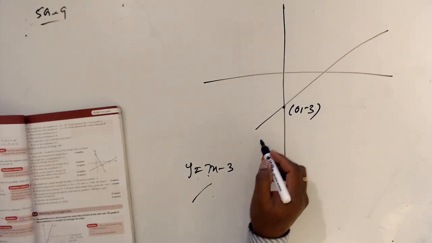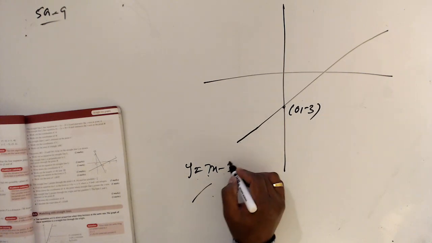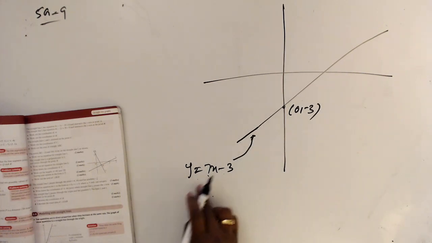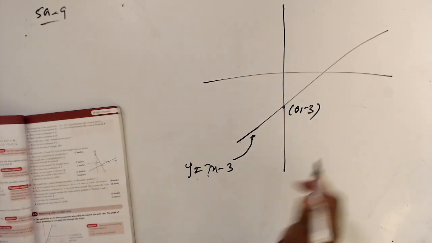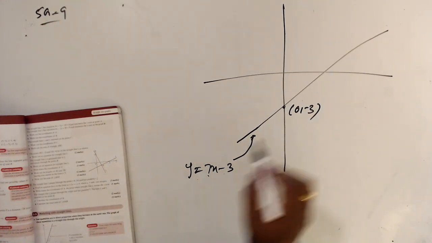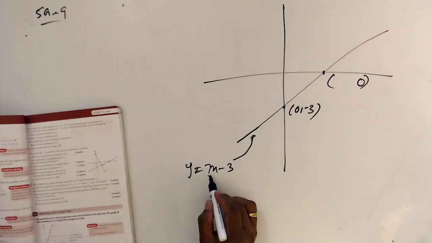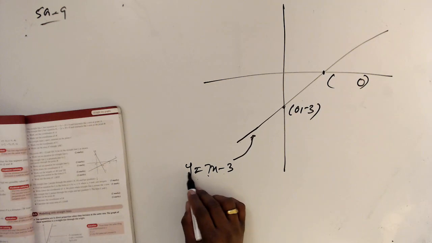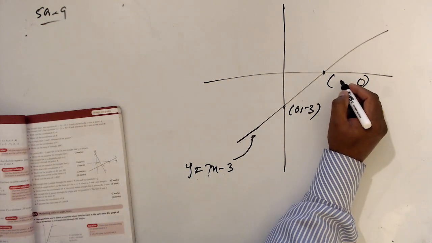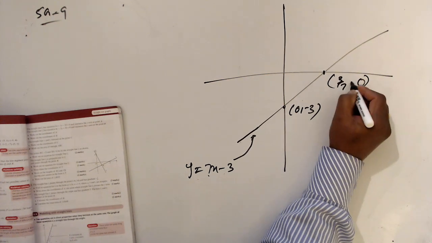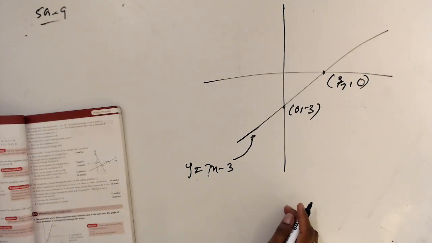So this is the equation. And when y equals 0, at this point the y value is 0, x is going to be 3 over 7.